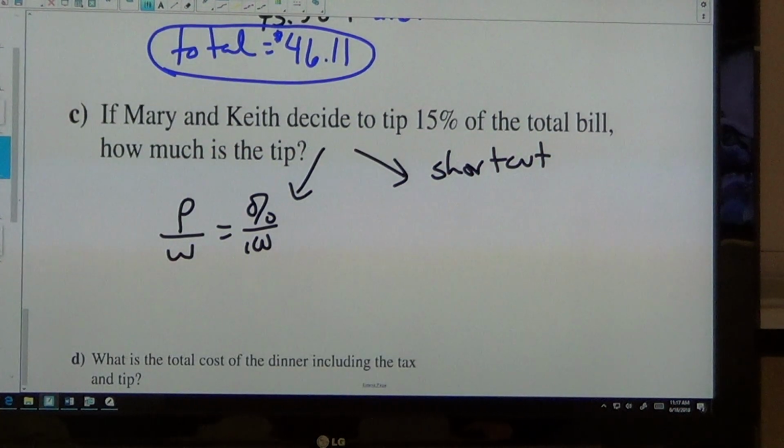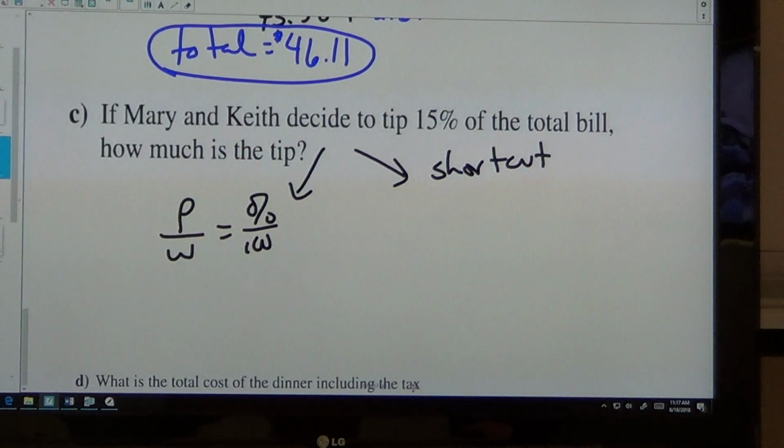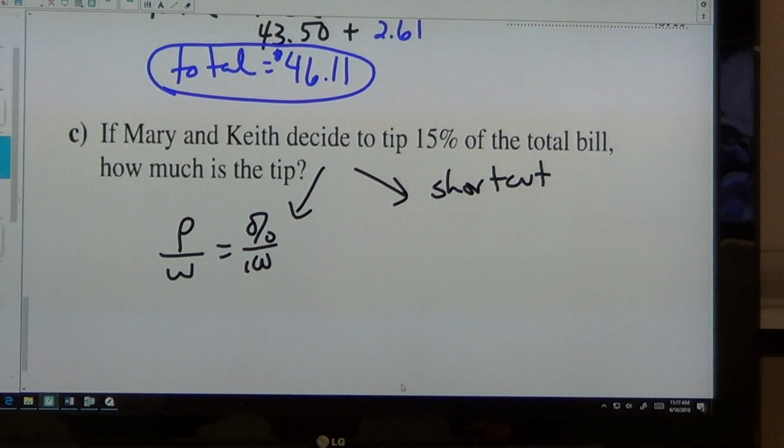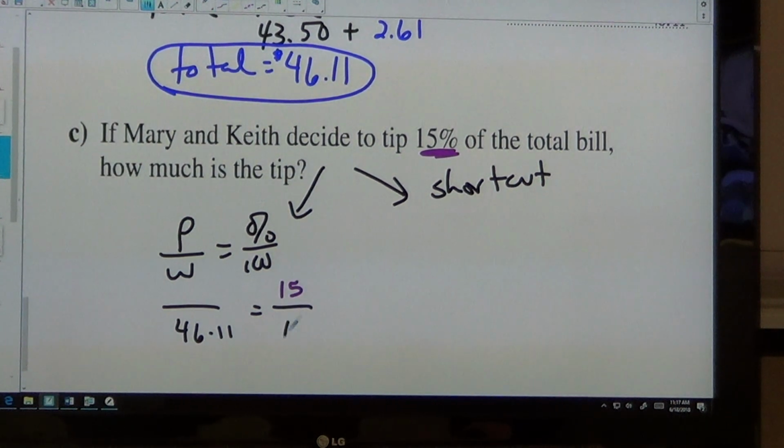If I do it as a part over whole, what is my new whole? The $46.11. And what is my percent? 15, because that represents my tip, out of 100, and I'm trying to find the part, which is now my tip.